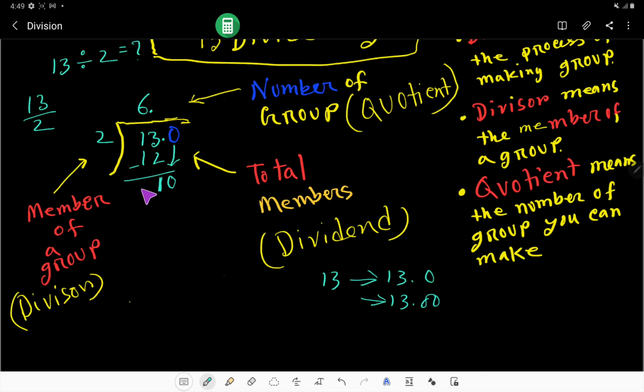Now 2 goes into 10 5 times. 5 times 2 is 10. If you deduct, you get 0, right? If you want to express the quotient as a decimal, then you say 6.5 is the result, right?